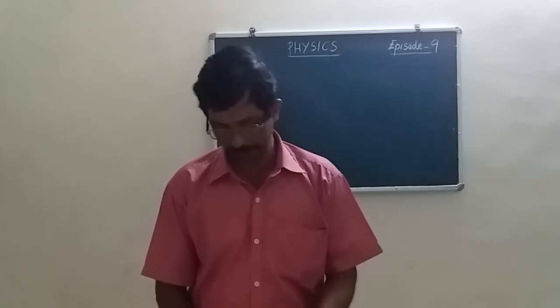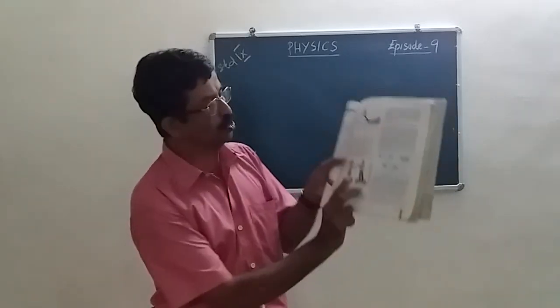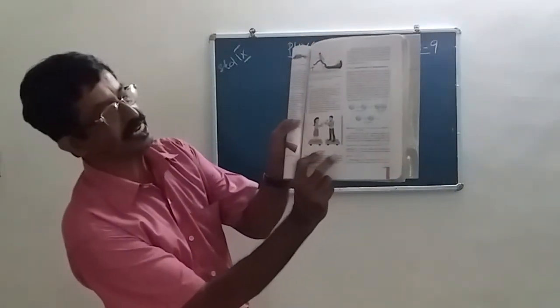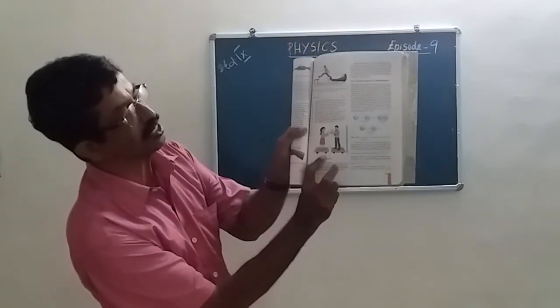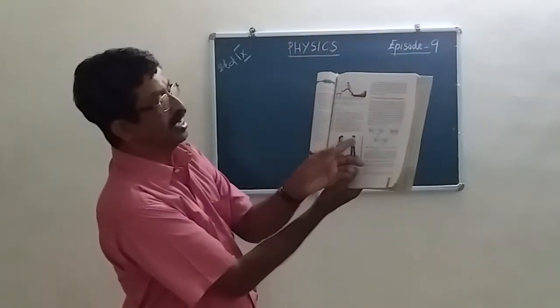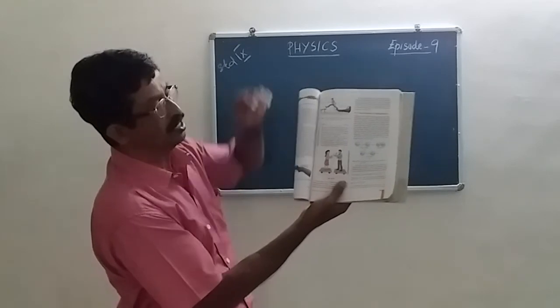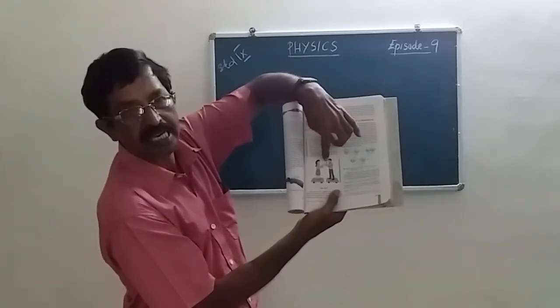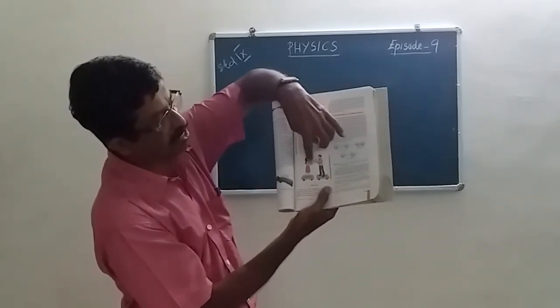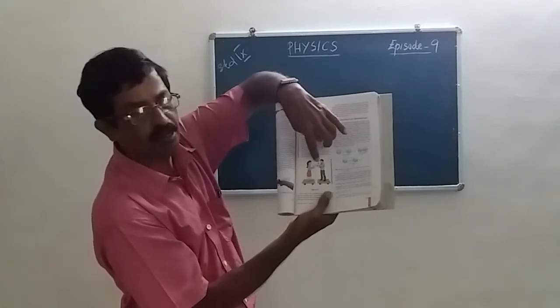Two children are standing on a trolley, and they are throwing a bag to each other. See, this boy is carrying a bag with sand. That means a heavy object.